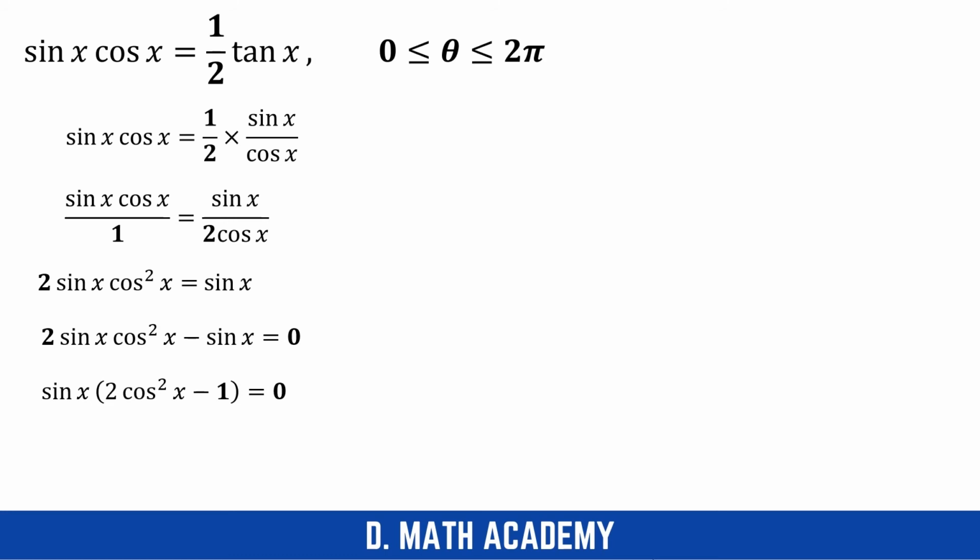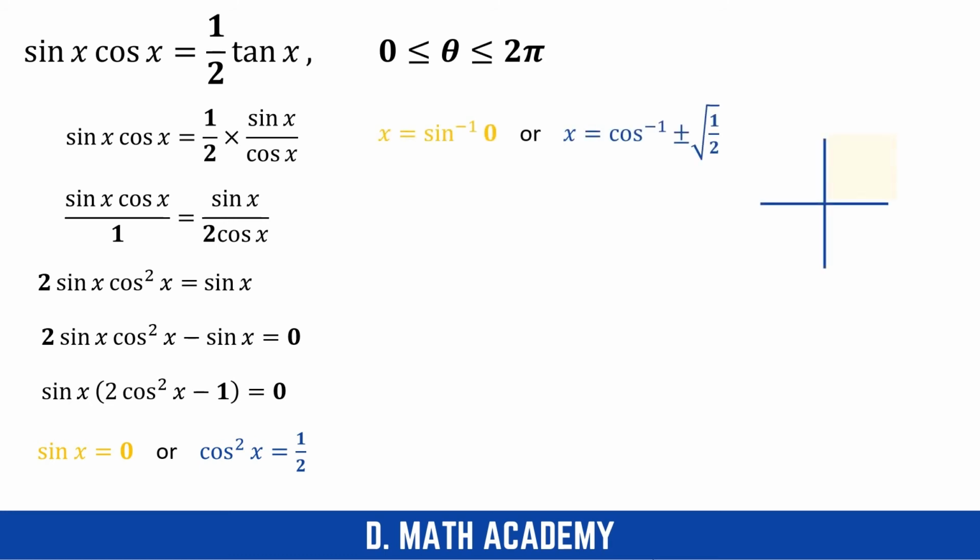So we have sine x equals to 0. 0 is not negative or positive, but since it's not negative, I roughly assume that my answer could appear in the first and second quadrant. By keying sine inverse 0 into the calculator, I get 0 and then reflect it, then I get pi.